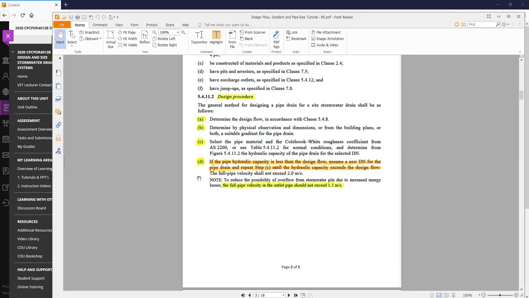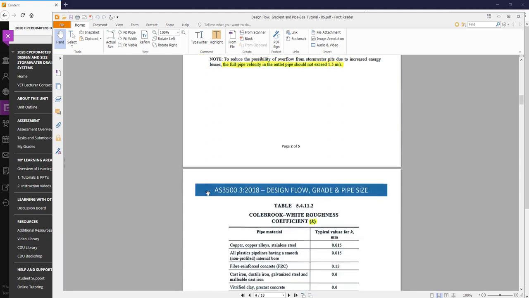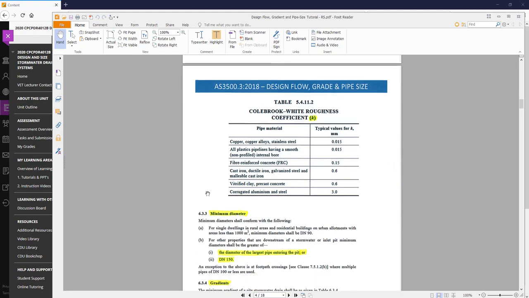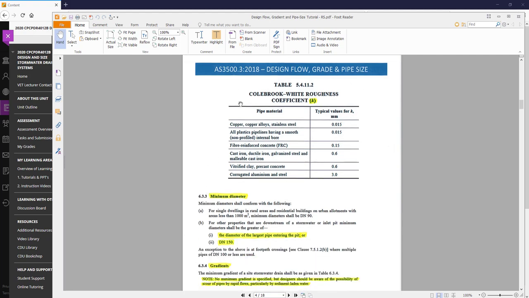Okay, so there's our outline of how we actually do it, and now we're going to go a little bit further. This is our Colebrook-White roughness coefficient. Now for this drawing we're going to be using plastic pipe, all plastic pipe, which is important. You'll see here all plastic pipe having a smooth, non-profiled internal bore.